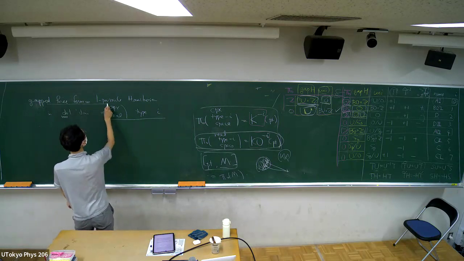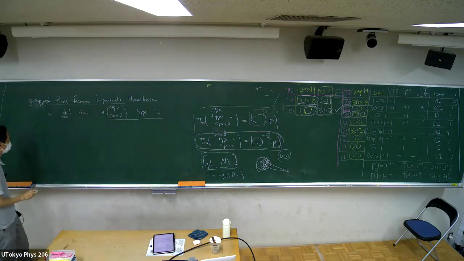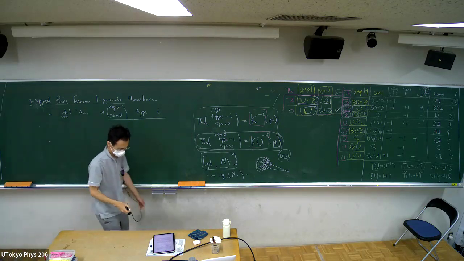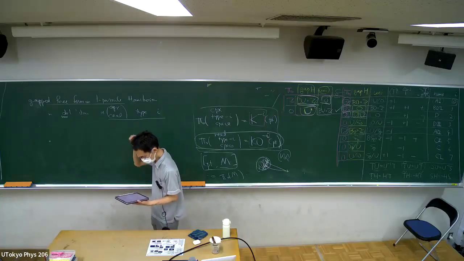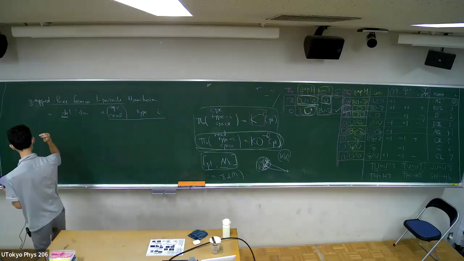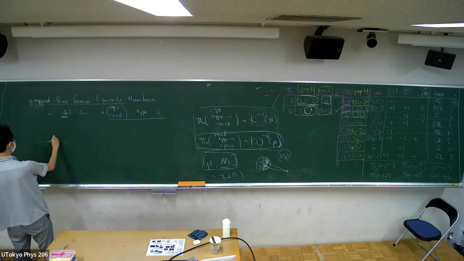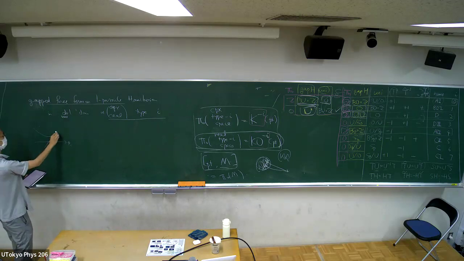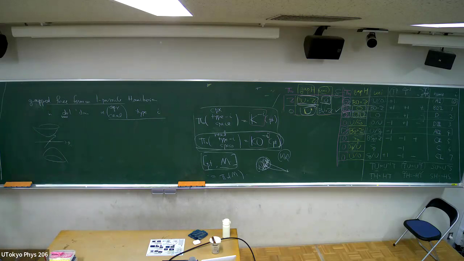So by this gapped free fermion one particle Hamiltonian, what you do is to analyze in the space of P, wave number. You want to have some dispersion relation like this of complex, higher dimensional parabola.